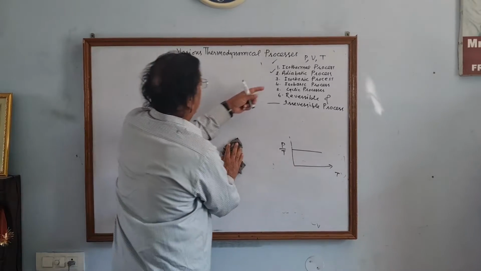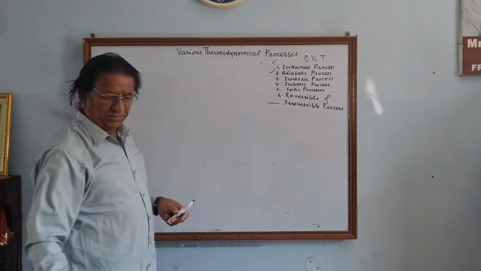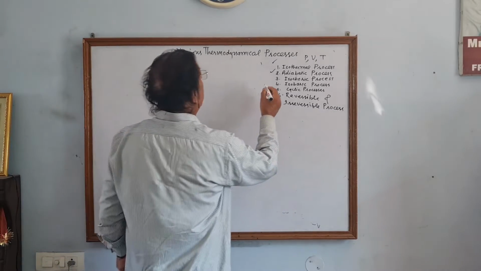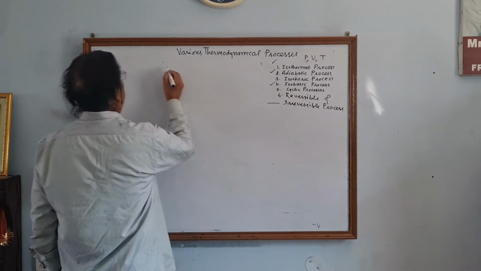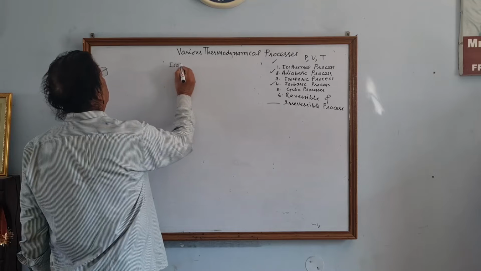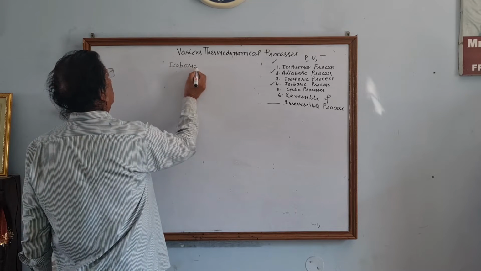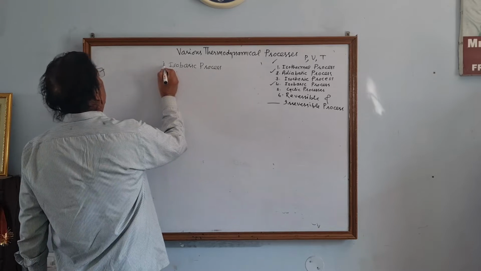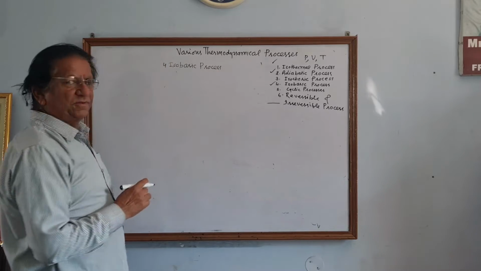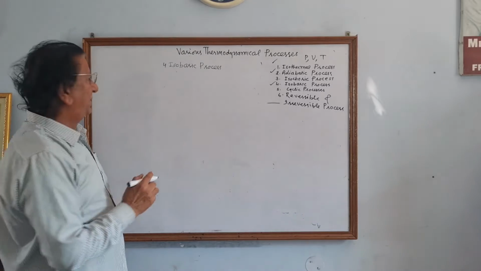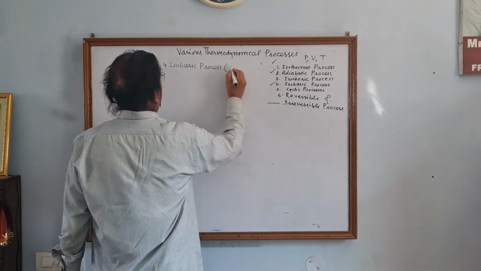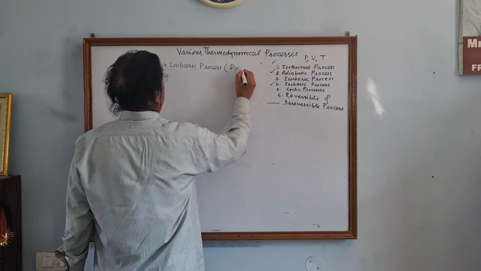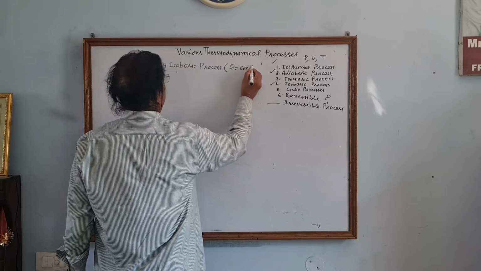Now if you take the fourth process, that is isobaric. An isobaric process is that process in which the pressure of the system is kept constant.